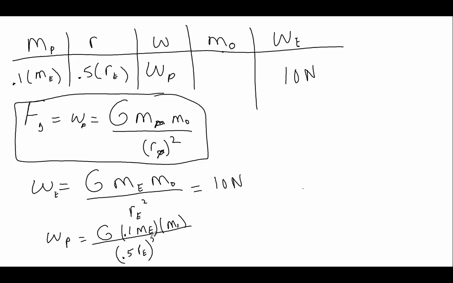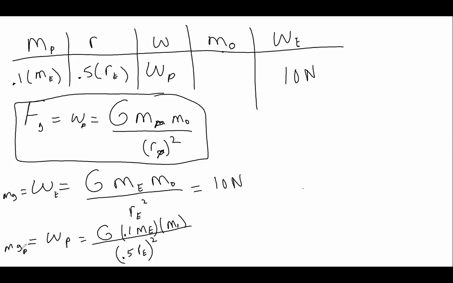Now, do I need to put in the radius of the Earth and the mass of the Earth and all of that? No, because remember, we define weight as mg, and we define weight as mg on the planet.